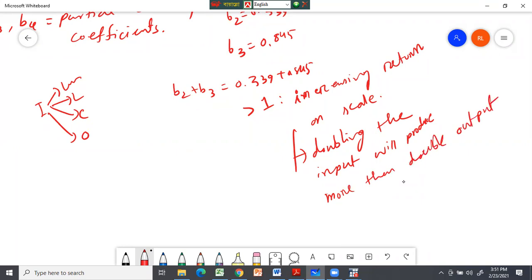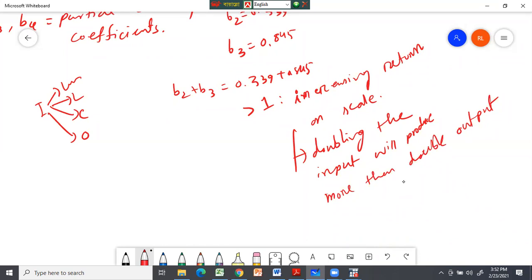So when the return to scale value is found greater than 1, it is known as increasing return to scale, and this actually means doubling the input of the factors of production in your economy will produce more than double output.